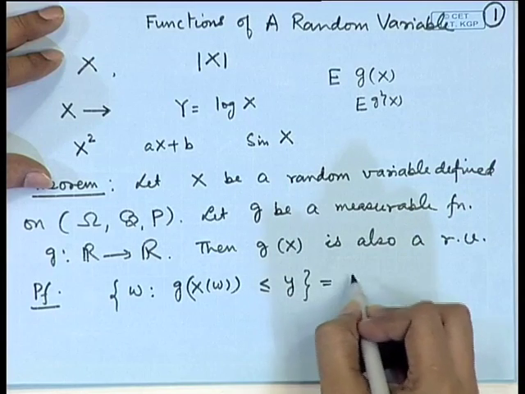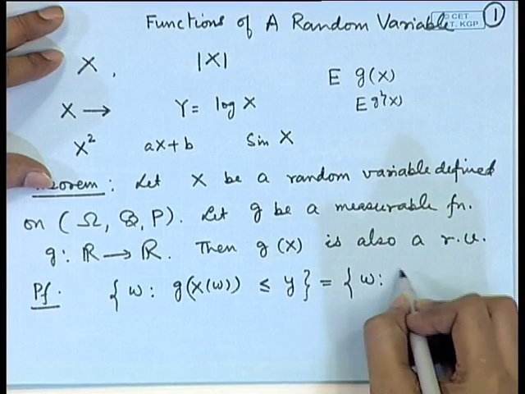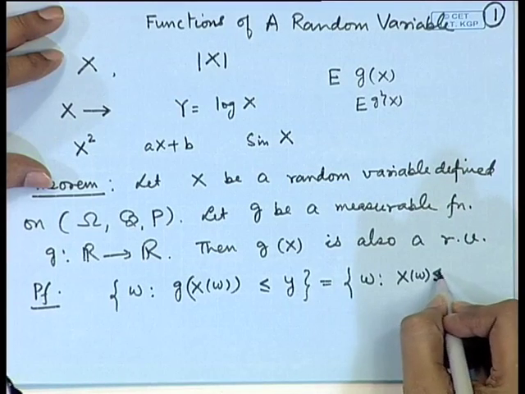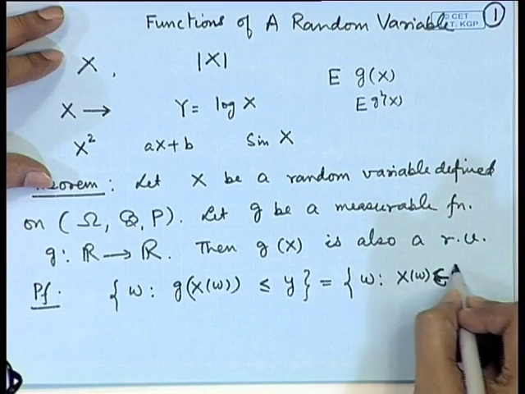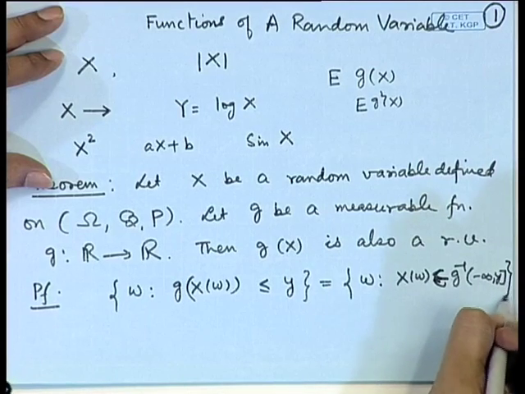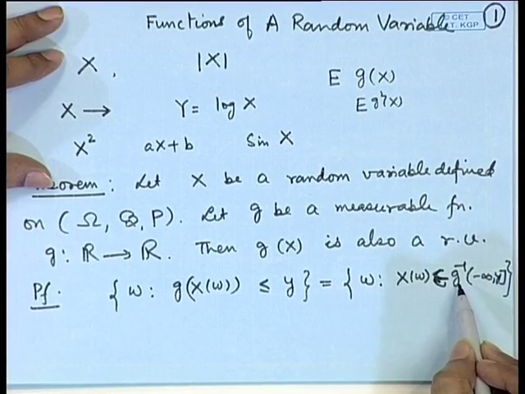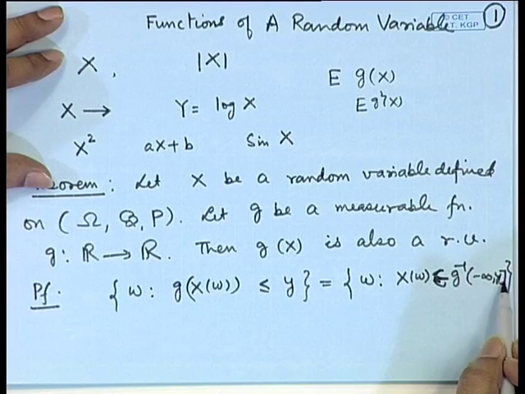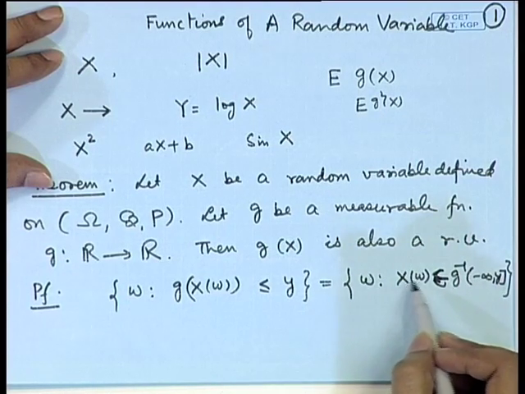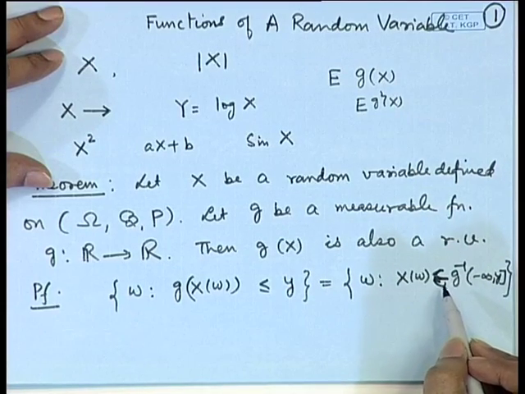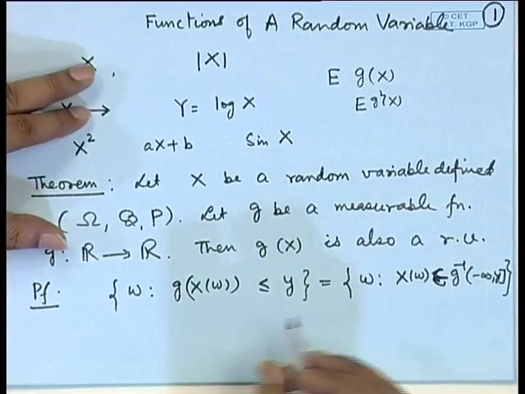Now, this is the set X(omega) belongs to g inverse of minus infinity to y. If g is a measurable function, then g inverse of minus infinity to y is a measurable set, and therefore, X(omega) belonging to that is also a measurable set, since X is a random variable.